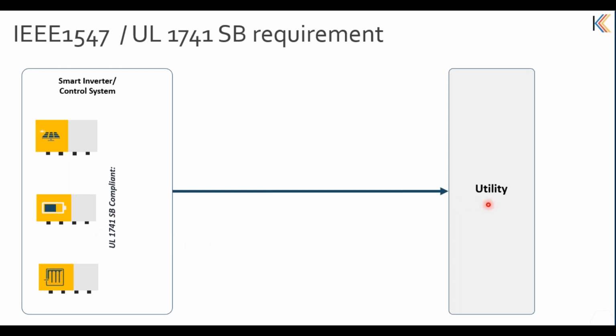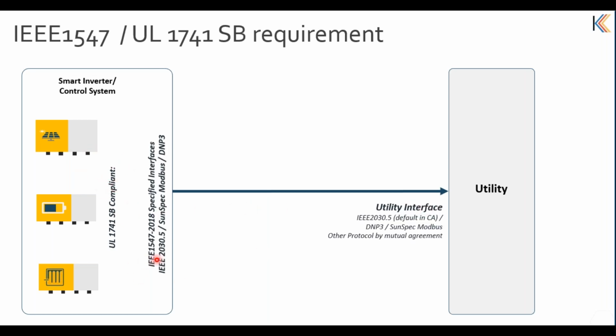So there should be an exchange mechanism from each of the devices with the utility. It can be over any of the protocols mentioned in the 1547 2018 specification, that is 2030.5, SunSpec or DNP3. So how is that met?